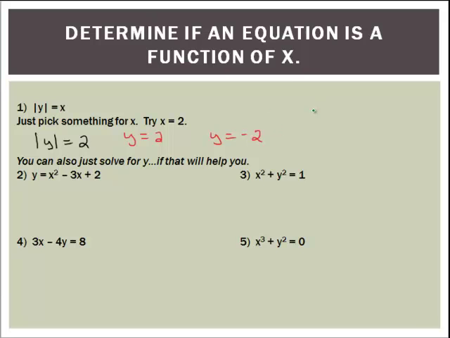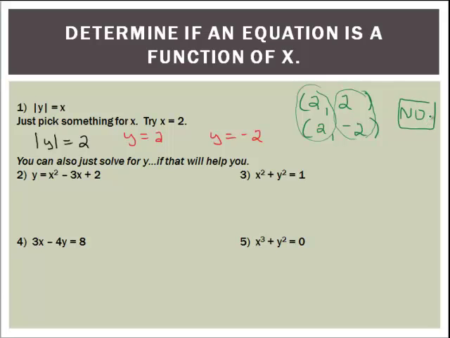Make your ordered pairs out of that. We said x is 2, but when we said x is 2, we got y is 2. But we also got y is -2. So would this define a function? We have repeating x's with different y's. This is not a function.